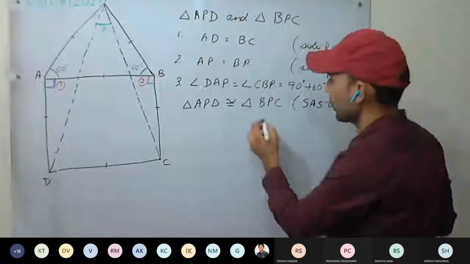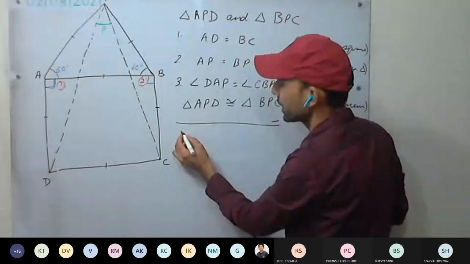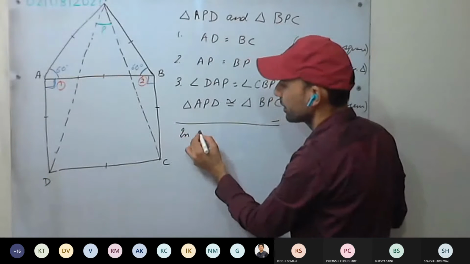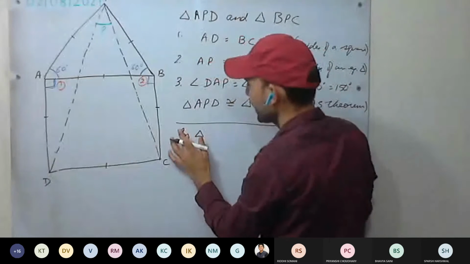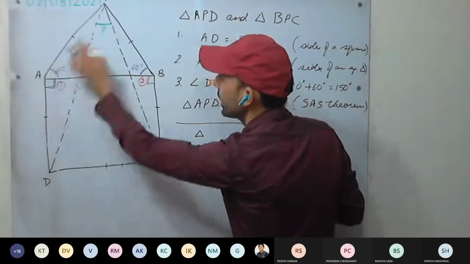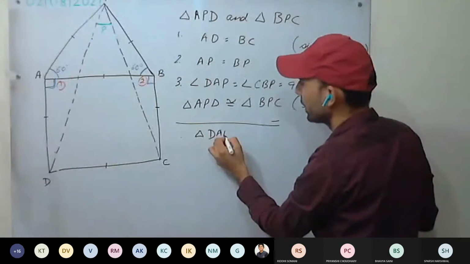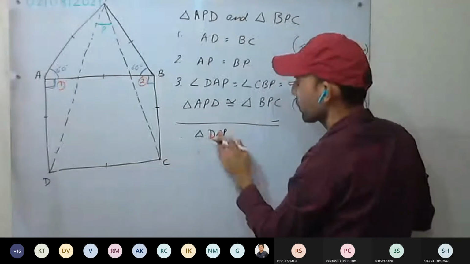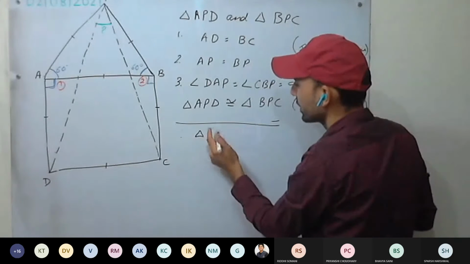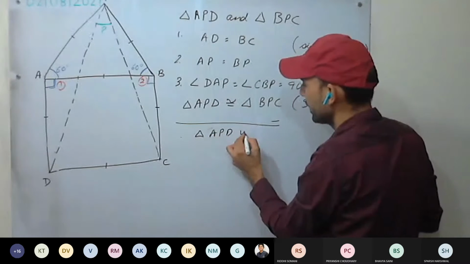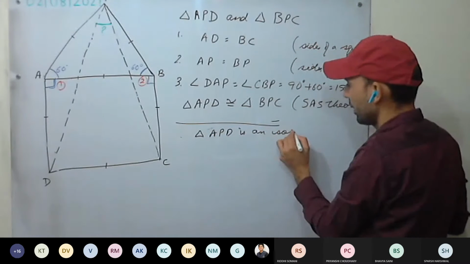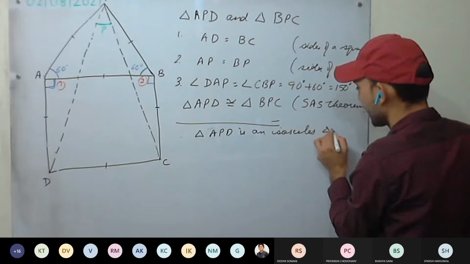Okay, so this time we are taking triangle APD. Triangle APD is an isosceles triangle.